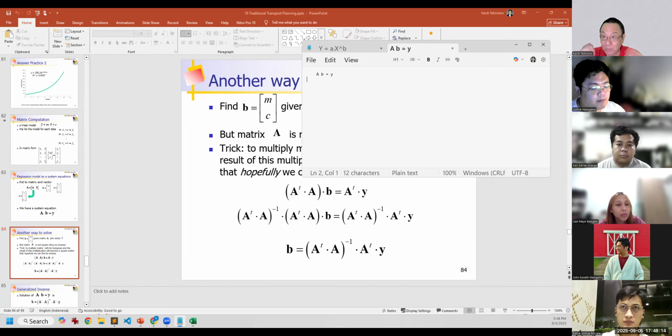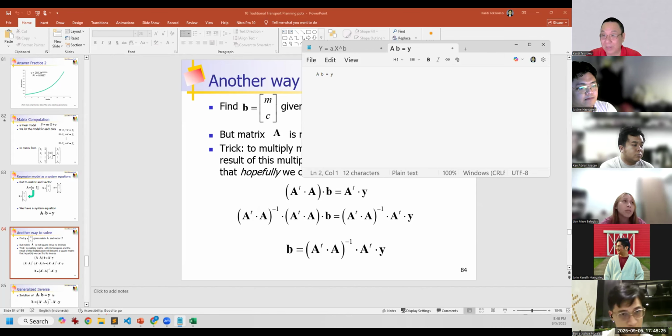Okay, so to make a rectangular matrix into a square, you multiply by its transpose. Okay, so that's the technique. Yeah. So in this case, I will multiply by the transpose.